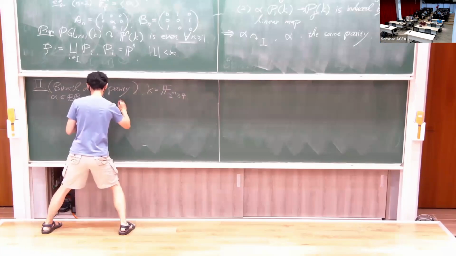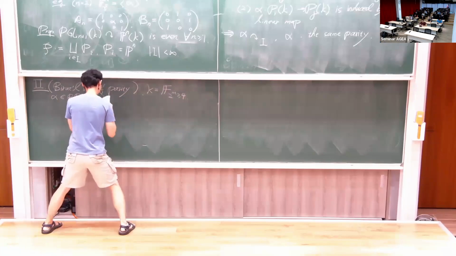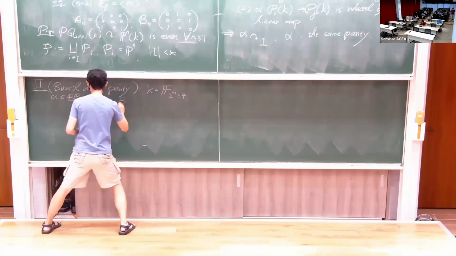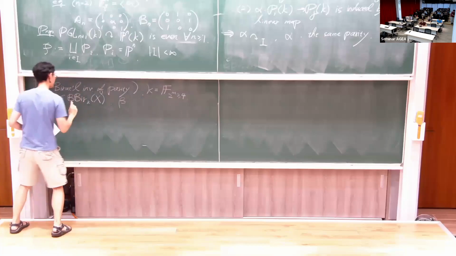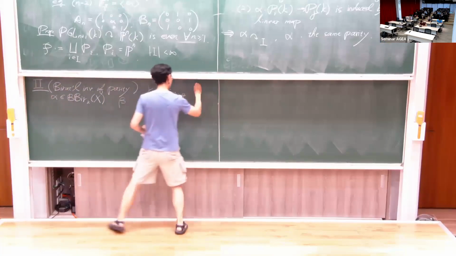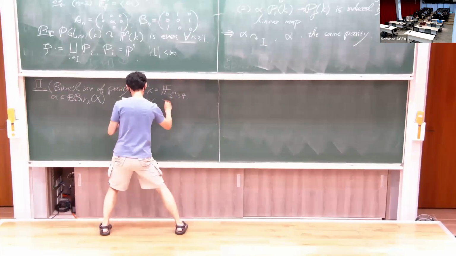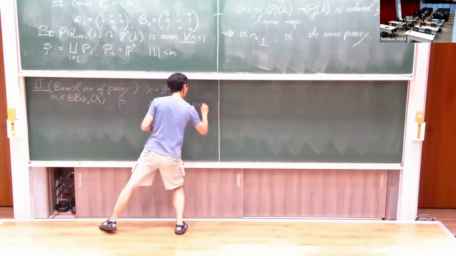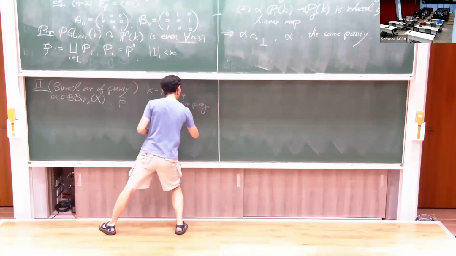Yeah, I forgot to write down something. So I need to start with this ground field and start with X and Y, which are both smooth projective surfaces.